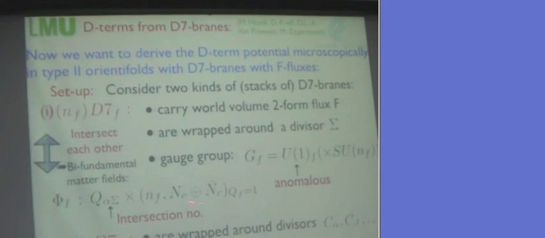So we have these bifundamental matter fields, and the aim is now to compute microscopically the D-term in this kind of setup to see whether the mixing coefficient in the D-term, which I have called delta Green-Schwarz, precisely matches up the number of matter chiral fields NF which we have to introduce.